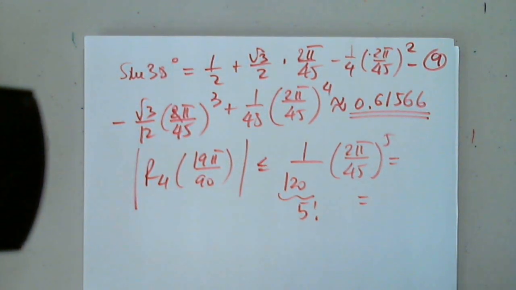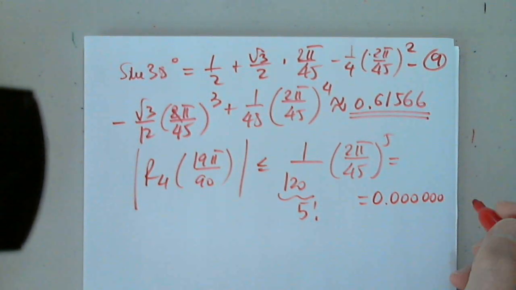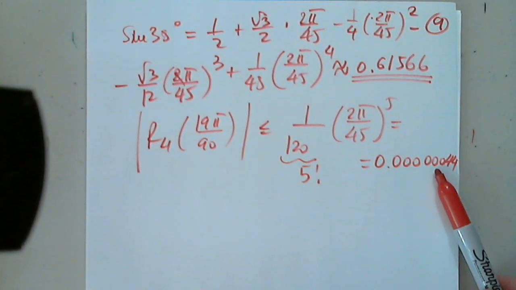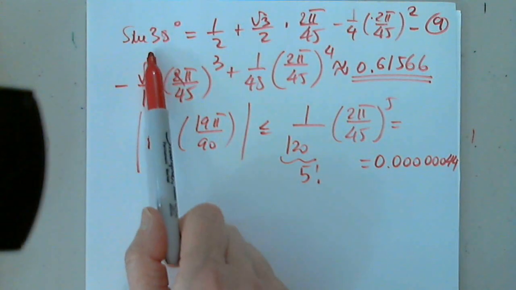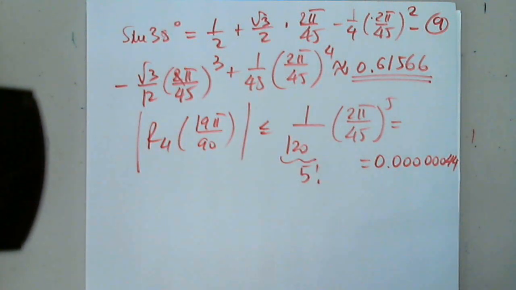And I calculated that to be 0.303044. So that's the error in our approximation of sine 38 degrees using the Taylor polynomial with degree 4.